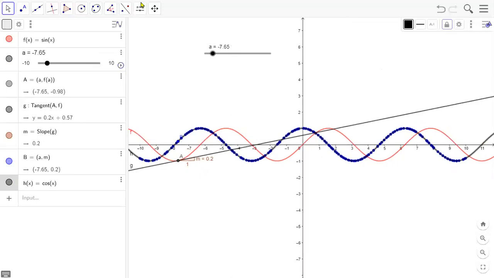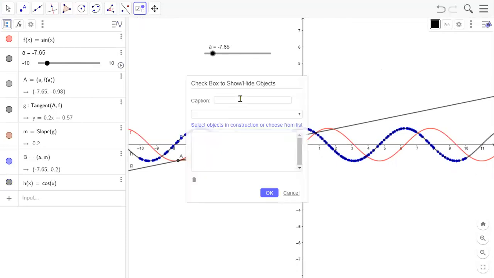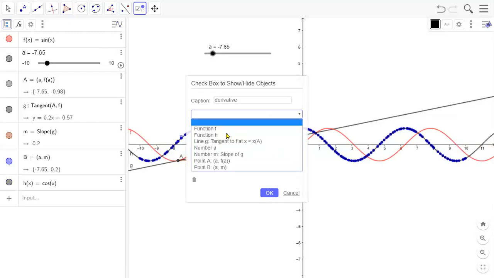Let me make one checkbox for the derivative. The checkbox is for the derivative function, which is represented here by the function.